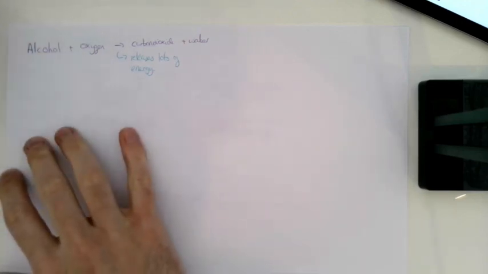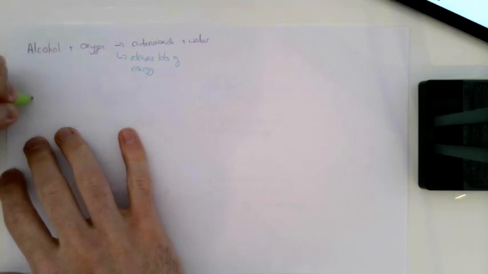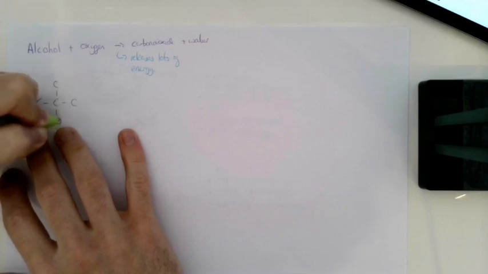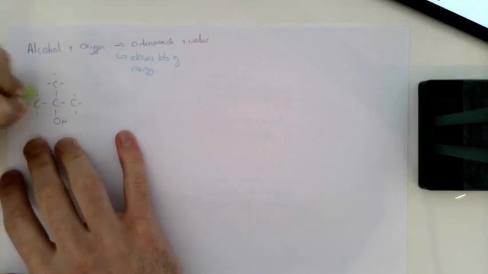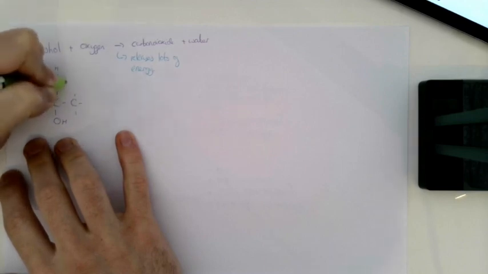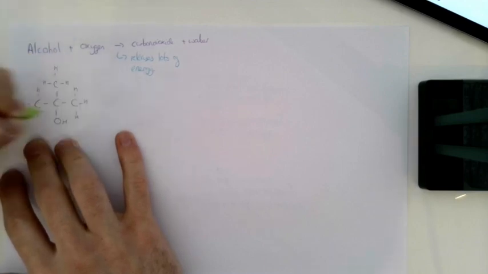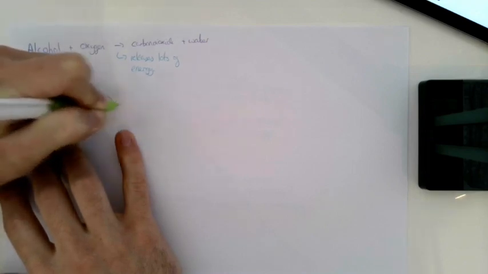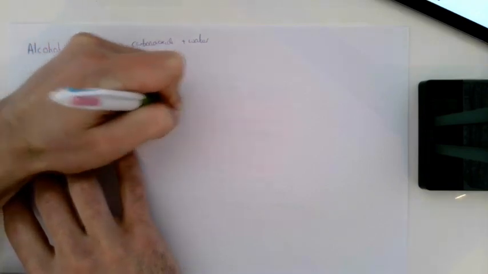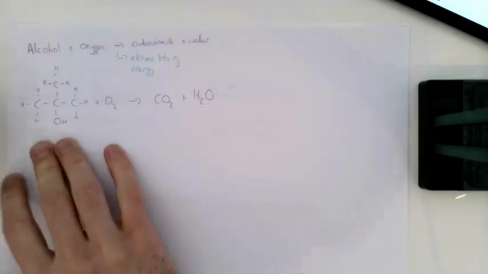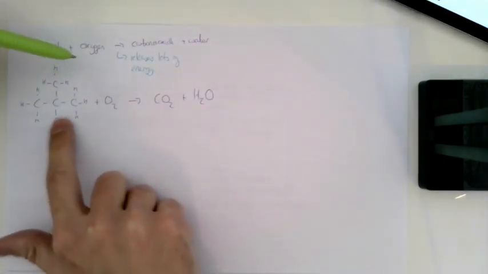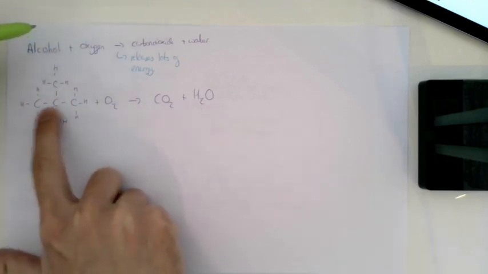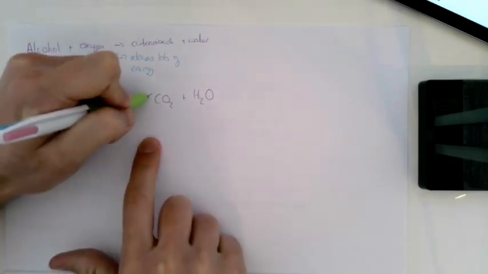So an example where we might do this, let's pick an alcohol. Let's pick this alcohol, so 2-methylpropan-2-ol. If I was to burn it in oxygen, I'm going to get myself carbon dioxide and water. Those are always the products that you make when you're burning the alcohols. If I was trying to balance this equation, I'd first balance the carbons, so put a 4 in front of this for the 4 carbons.